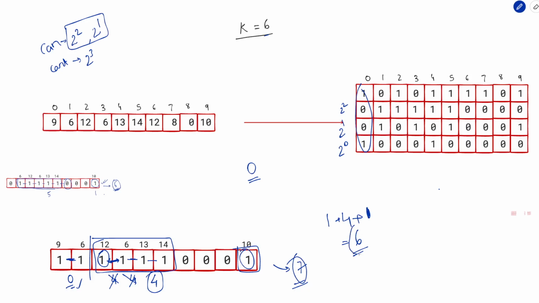Hence we are able to convert 2 power 2, 2 power 1 and 2 power 0, all of them to 0 in just 6 operations, and hence we will simply add 2 power 0 in this list. Had we not been able to convert this 2 power 0 to 0, we would simply remove this from here and add it here, and move forward, right?